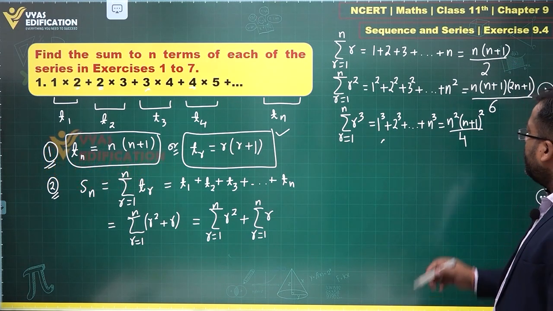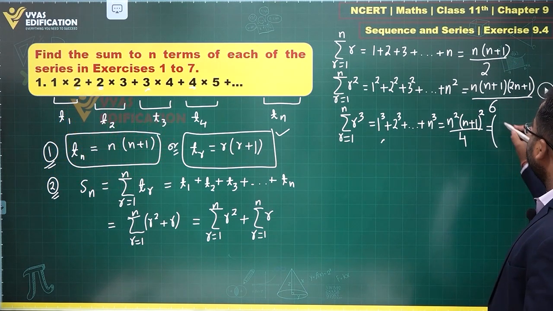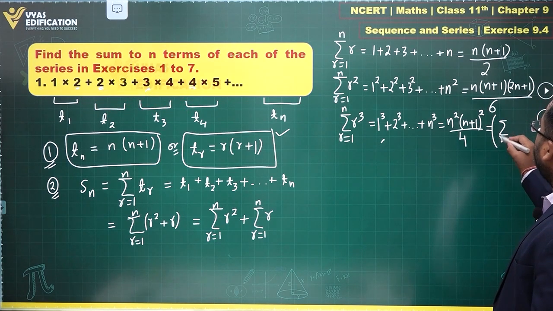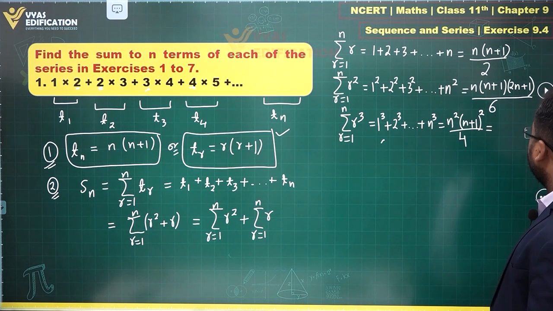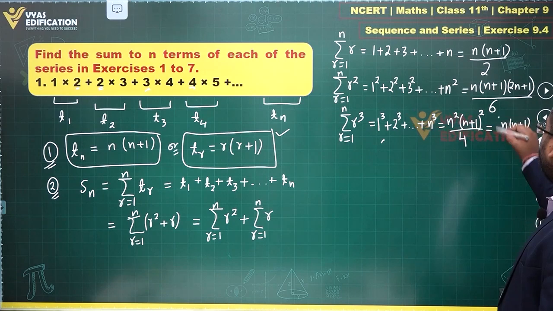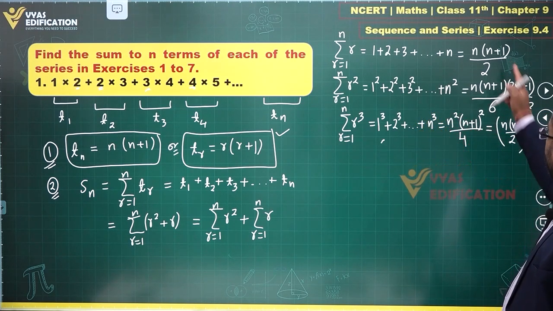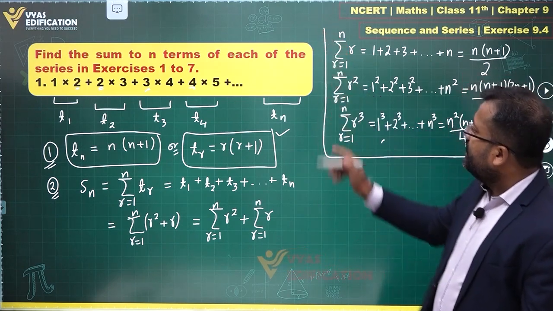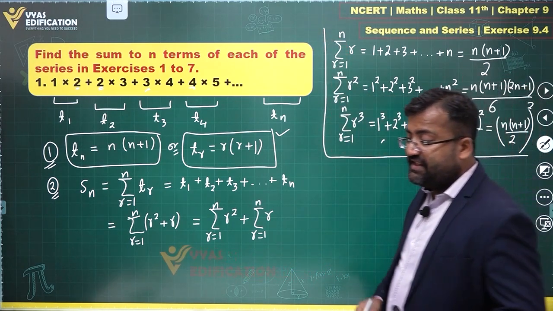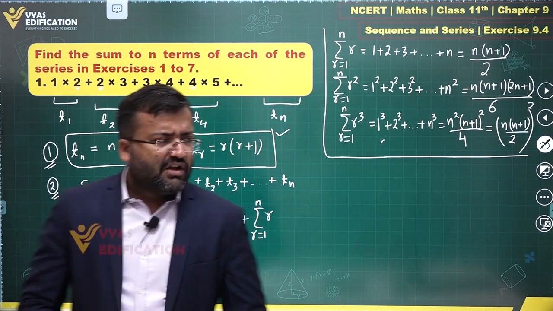Yes, that's the important observation. Let's write n times n plus 1 by 2 and its square. That's the summation. Okay, so these three results are very, very important.